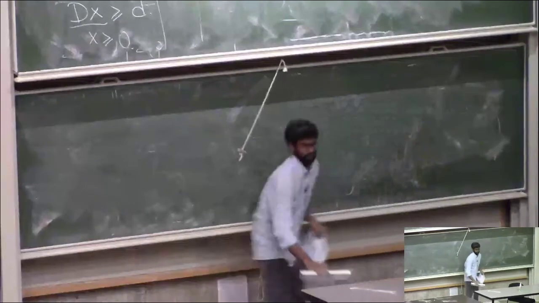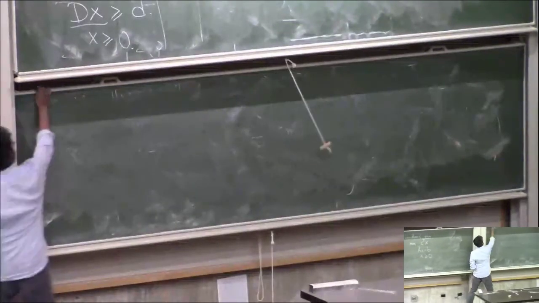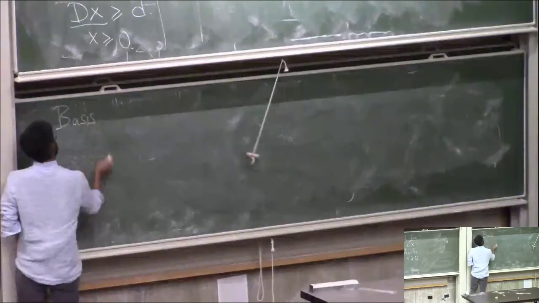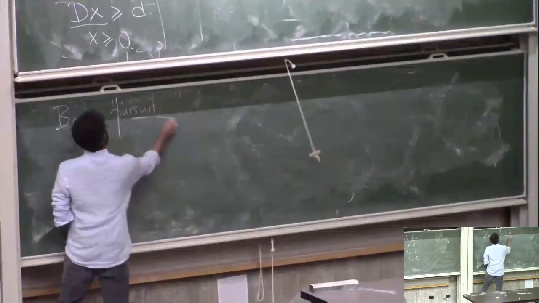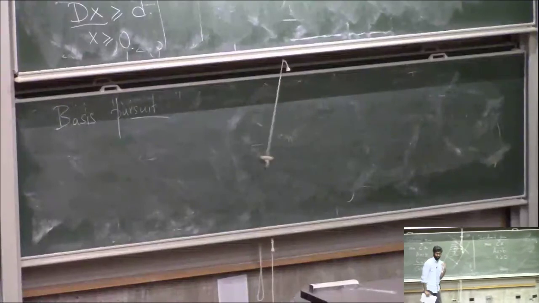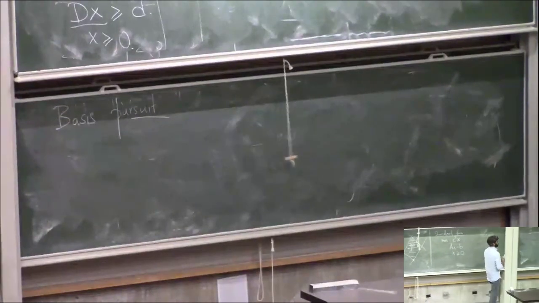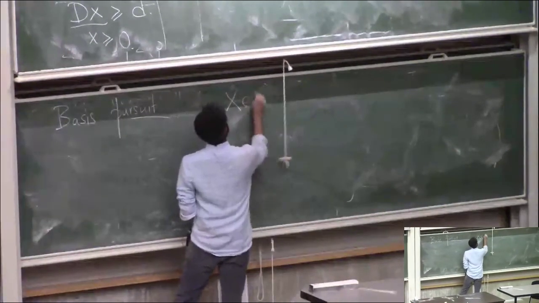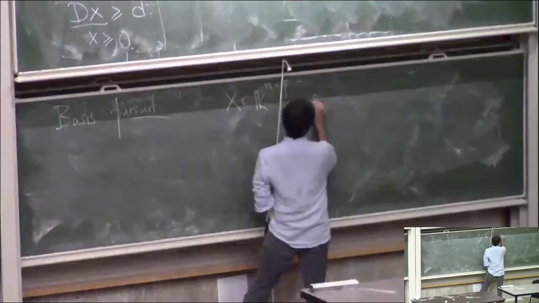Okay, let's do a slightly more interesting example. This is something called basis pursuit. The setup is that you'd like to solve a system of linear equations, but it's underdetermined. You're given some matrix X in R^(n times p), and p is much bigger than n.